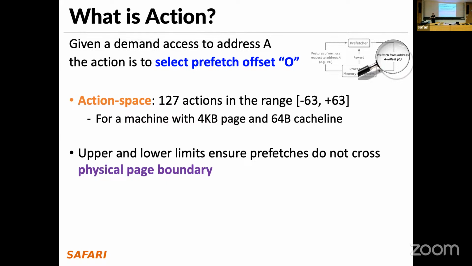So even if we predict that we might need something outside of this page, we have no idea of mapping it to our physical page memory. Yes, which pretty much renders it this way that you just need to fetch inside this page, because otherwise it's just too hard to map to the virtual page. And it can also not fetch, meaning a zero offset means no fetch at all.